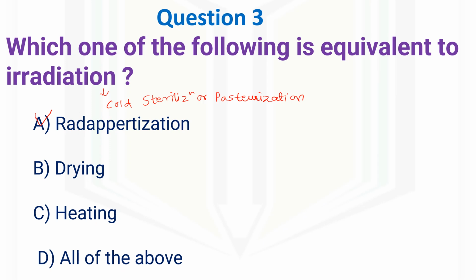The irradiation or the high energy electron beams are generated using cobalt 60 as a source of energy and cesium 137.